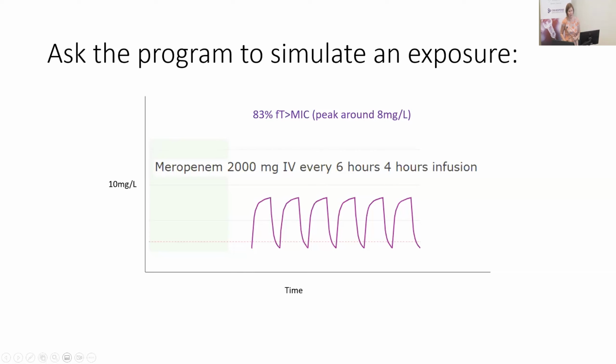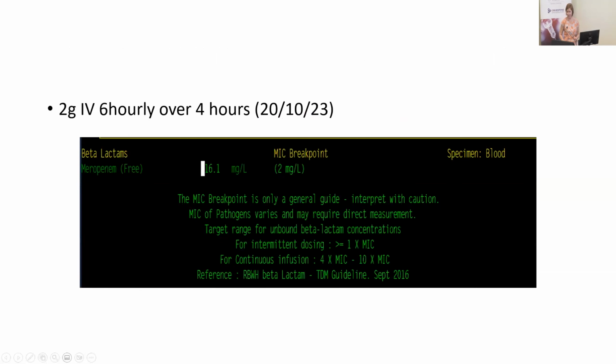Just to show that all models are wrong, but some models are useful, we gave the 2 grams 6 hourly over 4 hours, expecting to get a level of just below 2 and about a level of 16. Because lots of things change. The dosing simulation was really taking the information that it's got at the time to give you a prediction.